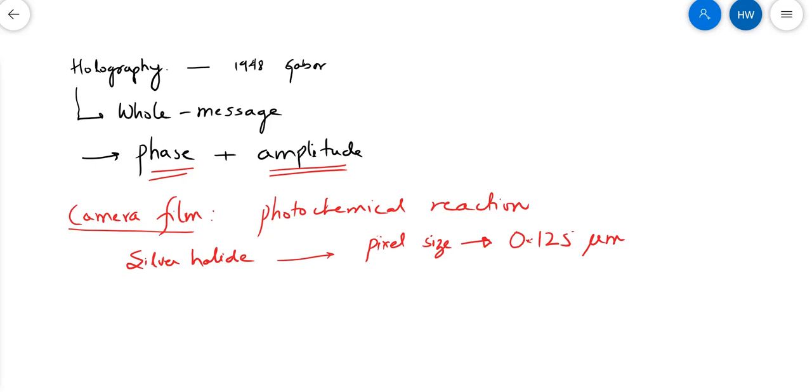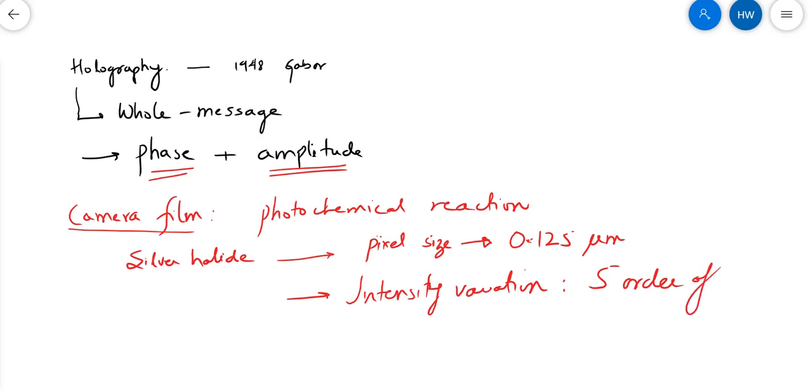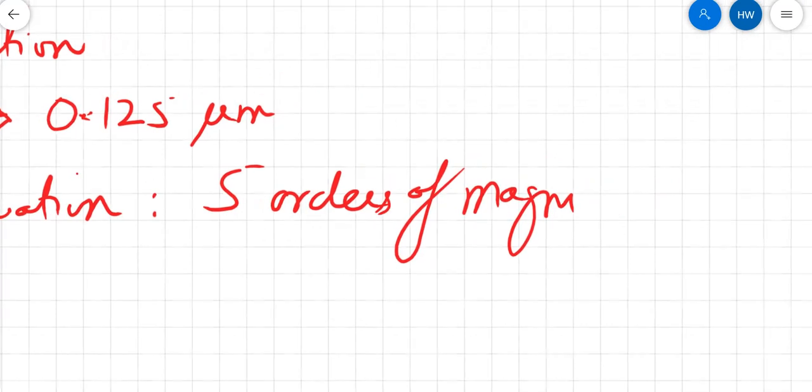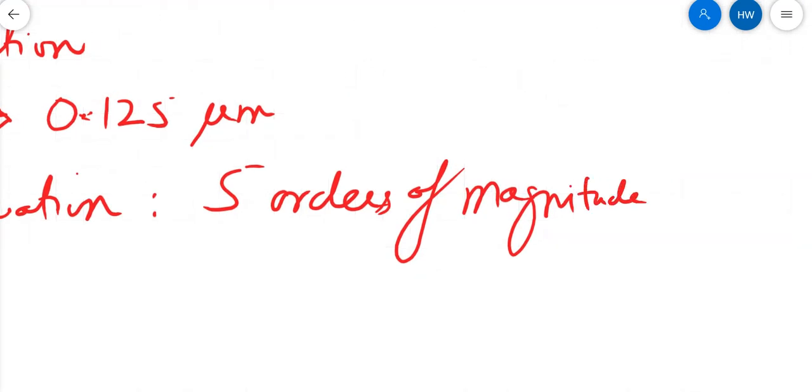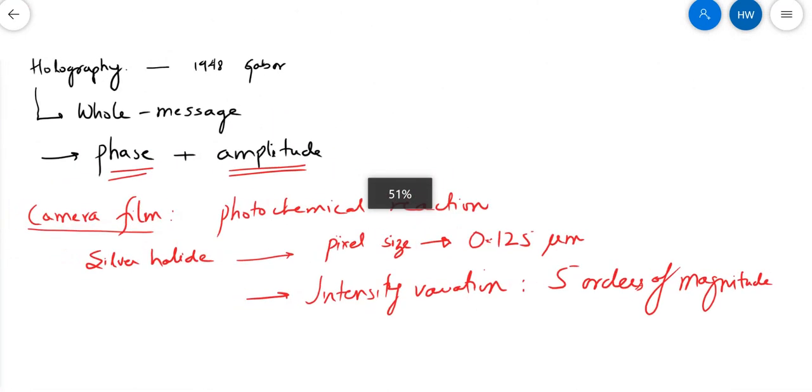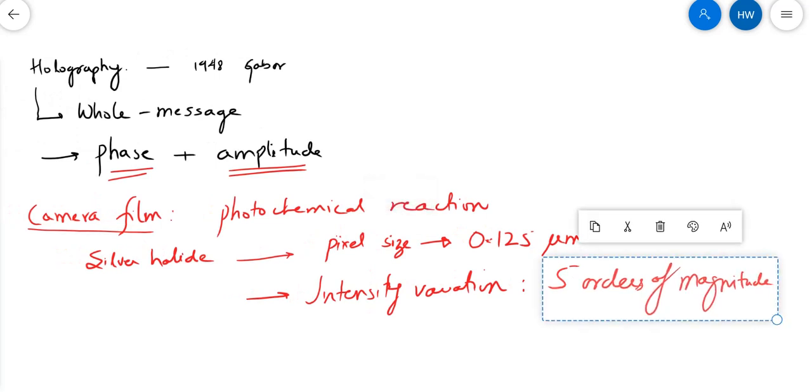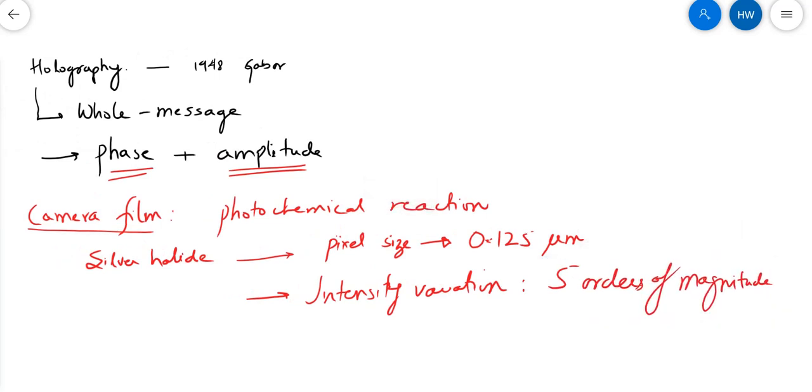Not just that, if you look at the intensity variation, there is a dynamic range which these films can capture of essentially 5 orders of magnitude, which is actually pretty large. That is the kind of range that one is talking about.